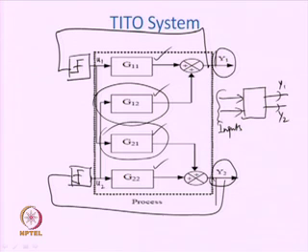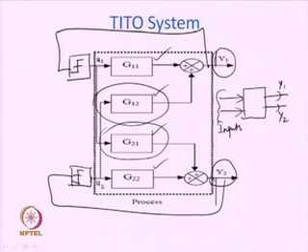But what happens due to the loop interaction is that the outputs Y1 and Y2 that we shall measure to estimate the parameters of the transfer function models will not be straightforward, because of the presence of G12 and G21. Y1 will get affected by the loop dynamics of the second loop, and similarly Y2 will be modulated by the dynamics of loop 1.